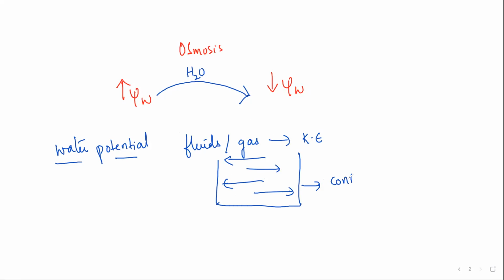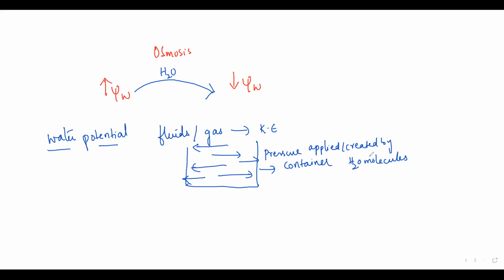If this is my container, the molecules of the fluids and gases, because of the kinetic energy and random movement, apply pressure. So the pressure created by the water molecules is called water potential, children. This itself is water potential.